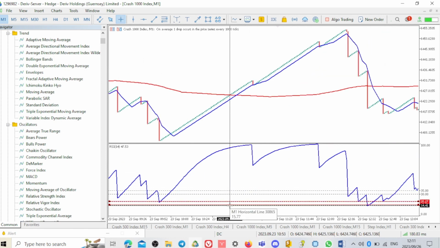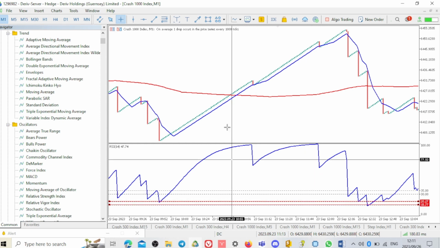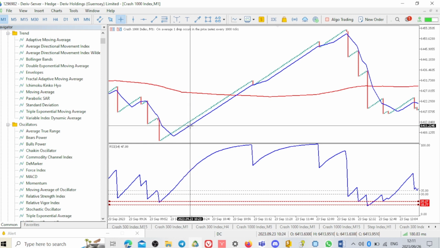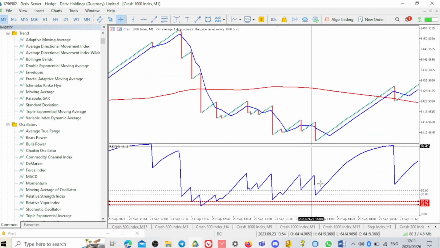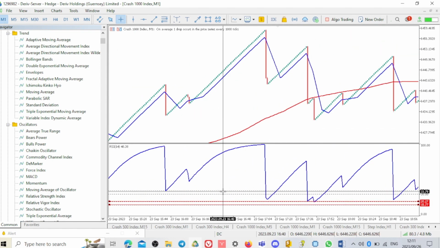So that's one way that you can use to avoid being caught by a spike. For us to be safe, let's use level 20 and 15 when price is below the red line, and we also have to wait for price to cross this red line. So that's how we avoid being caught by spikes. One, we're waiting for price to reach an overbought level by checking these levels 20 and 15, and then we take our trades. Okay, let's look for more examples.